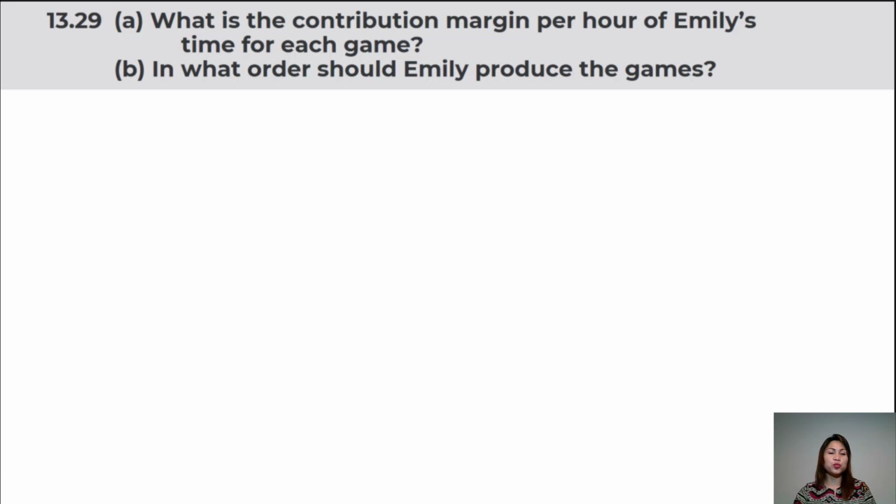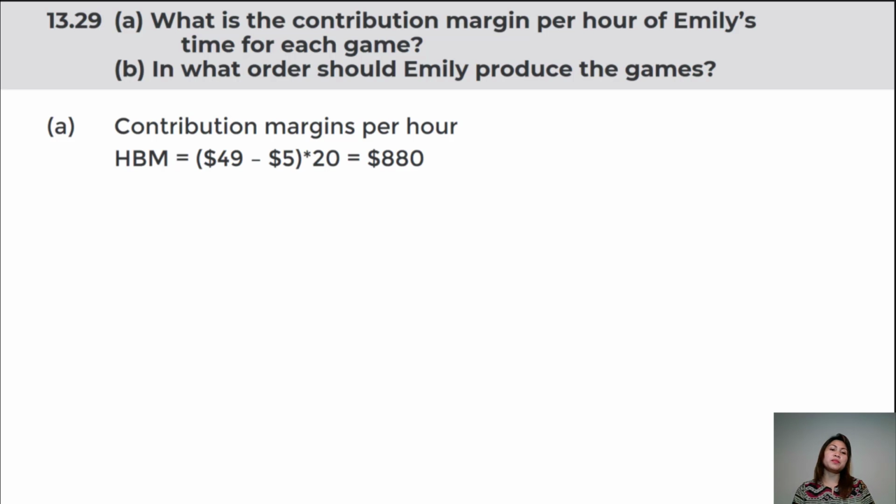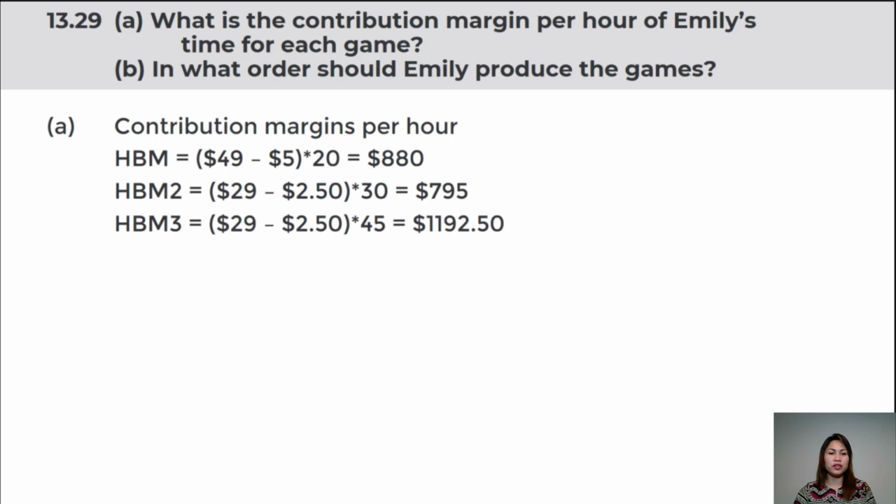First, we need to calculate contribution margin per hour. HBM equals $49 selling price minus $5 variable cost, times 20, equals 880. Next, HBM2 equals $29 selling price minus 2.5 variable cost, times 30. Why 30? Because she can make 30 DVDs in an hour. Equals 795.